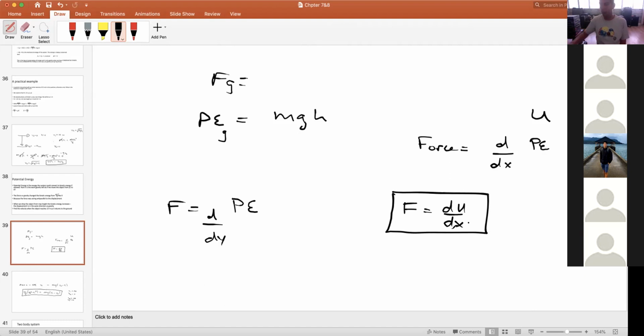That means F dx is dU. And if you want to integrate the force with respect to position, you get the potential energy, which is exactly what we see here. This is the force times position, or the work, gives us the potential energy in this case.